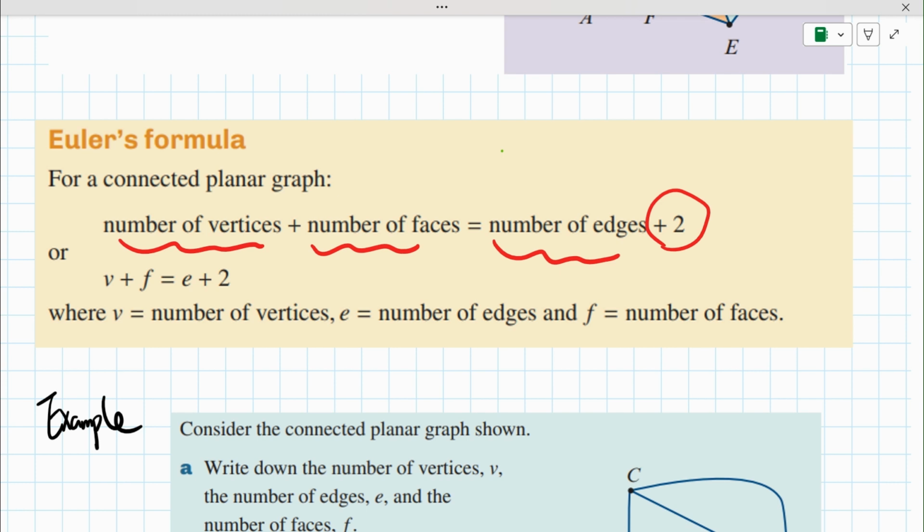Make sure you know this Euler's formula means the number of vertices, the points, plus the number of faces equals the number of edges plus 2. Hopefully that makes sense. V represents vertices, F represents faces, E represents edges, and then plus 2.